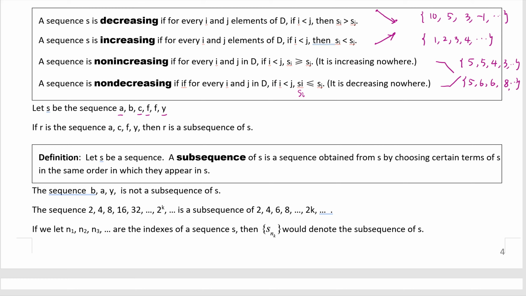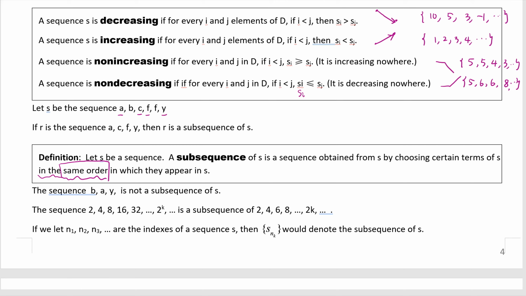Here's the definition: a subsequence of S is a sequence obtained from S by choosing certain terms of S in the same order in which they appear in S. We pick some terms, but very important, we have to make sure they're in the same order. If we flip the order, then it's not a subsequence anymore.